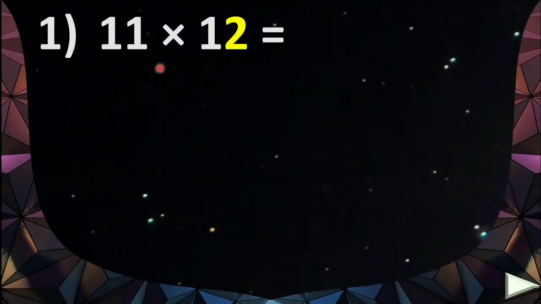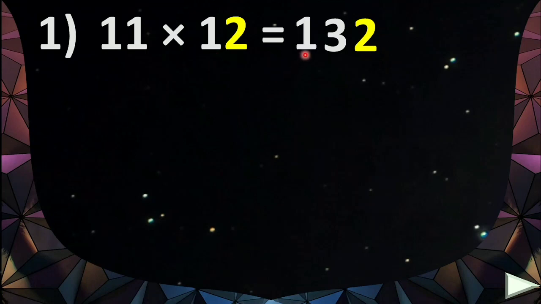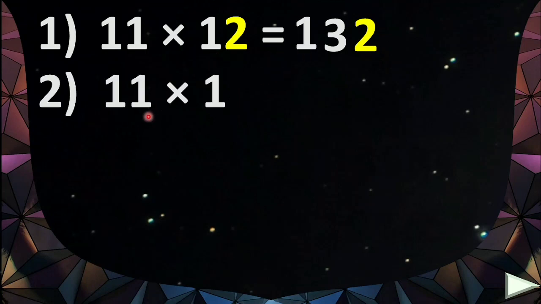11 multiply 12. Write down 2. Focus on the unit digit, then add 2 and 1. Go on adding 2 digits from the right hand side, then it will come 3 and 1 is left. Write down it also.